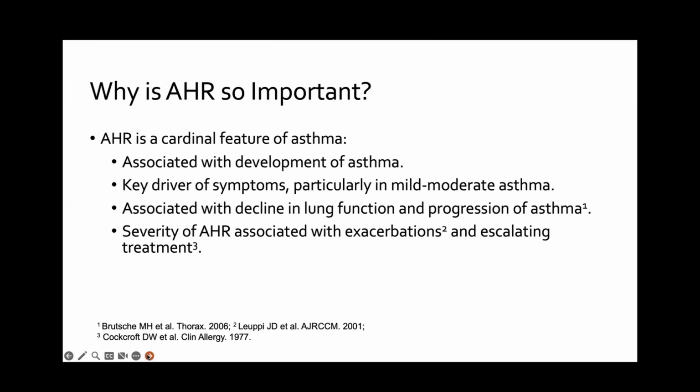Those people who have relatively normal lung function, this is actually what's driving their symptoms, this propensity for their airways to vary in tone. It's associated with a decline in lung function, which doesn't occur in most people with asthma, and it's associated with the severity of exacerbations and escalating treatment. And this is particularly true when we talk about what's called indirect hyperresponsiveness.